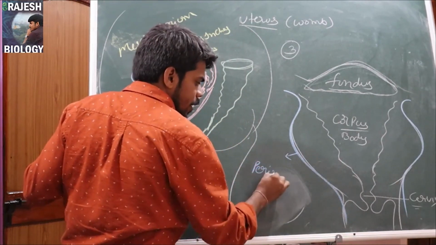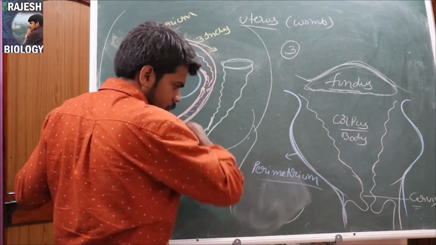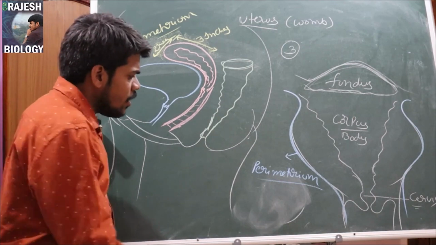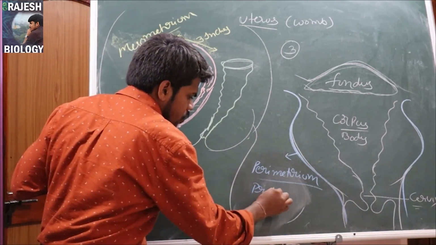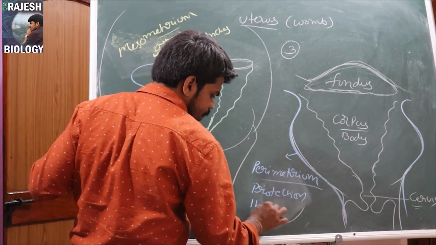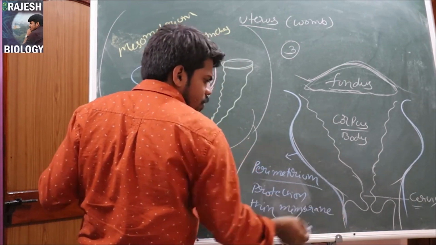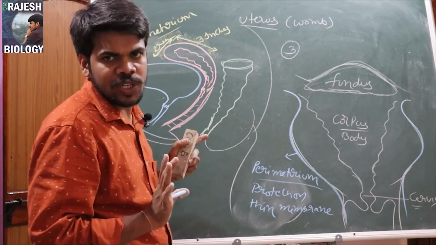Peri means around, metrium means uterus. The outermost layer is the perimetrium. The main function is protection. Of course, it is a thin membrane, but even though it is thin, it is present outside the uterus, so obviously the function is protection.